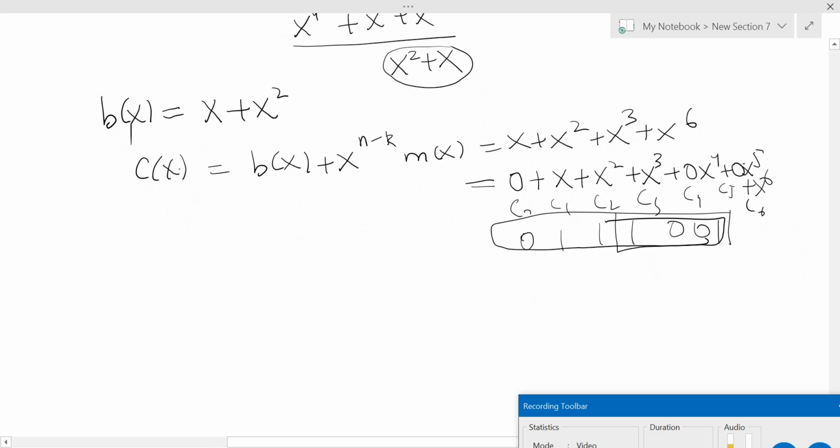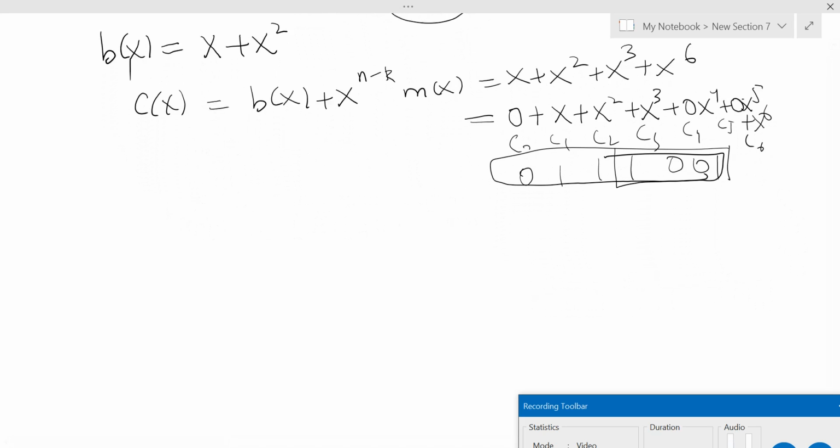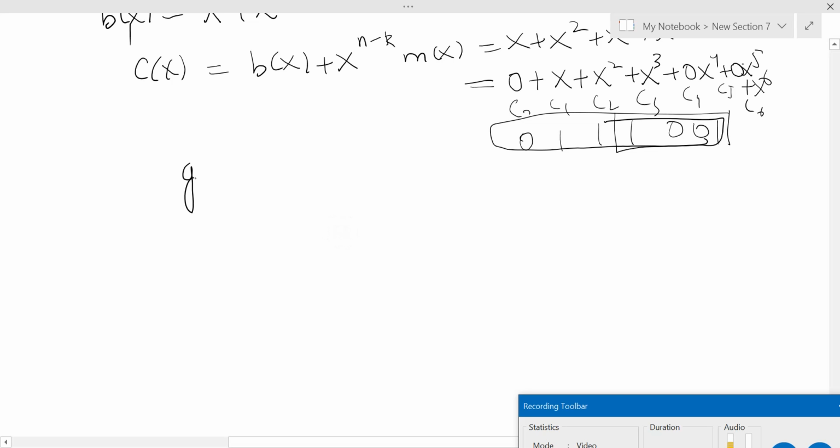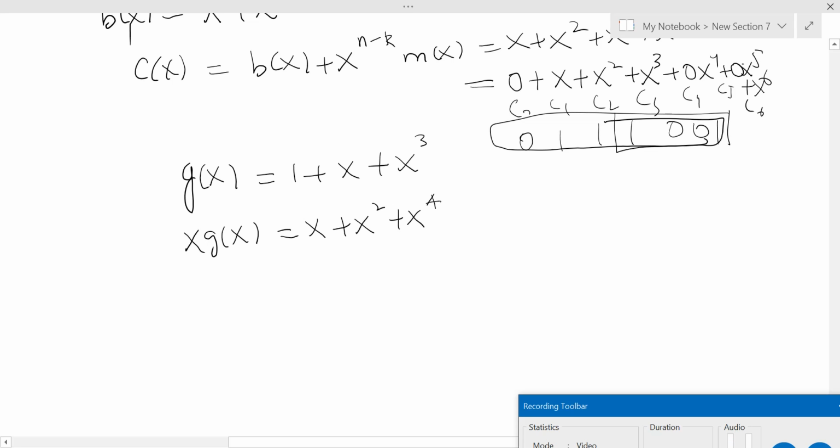Now I will generate the generator matrix from the generator polynomial. Now it is very easy to demonstrate here. So g of x is 1 plus x plus x cube. Then you write x g of x. It is x plus x square plus x4.